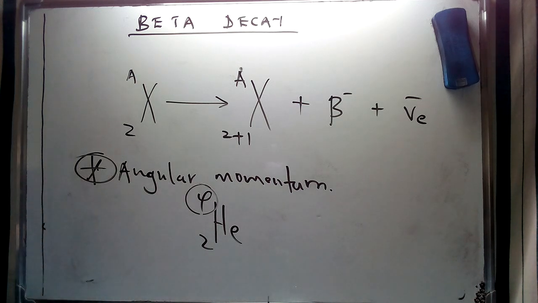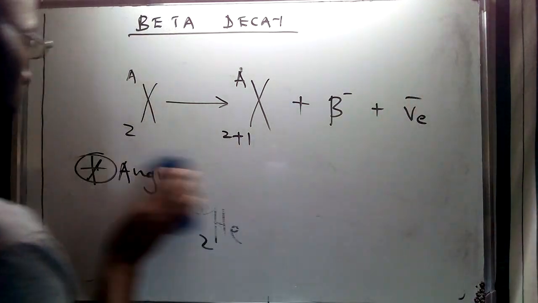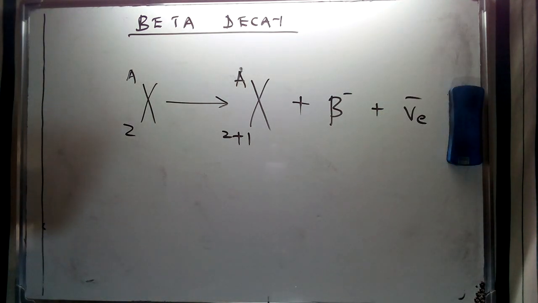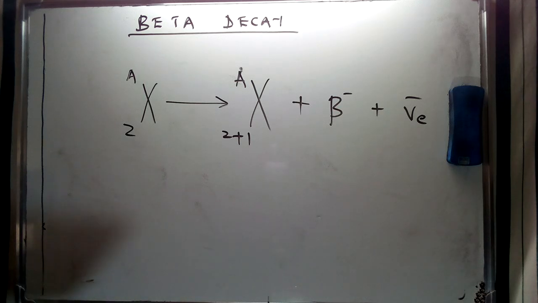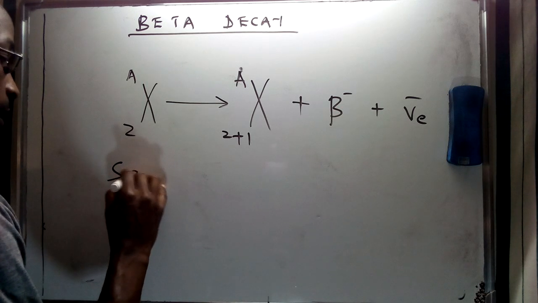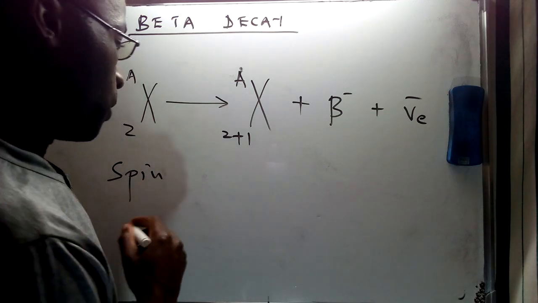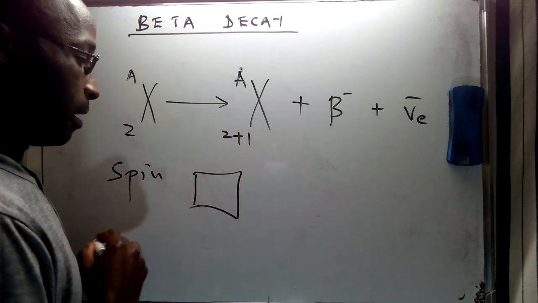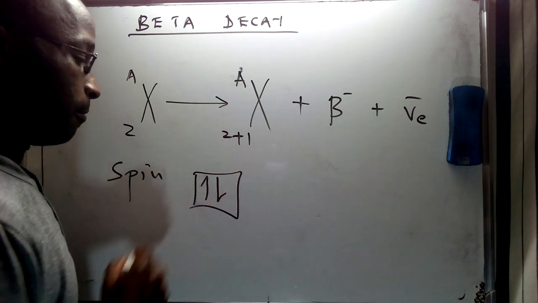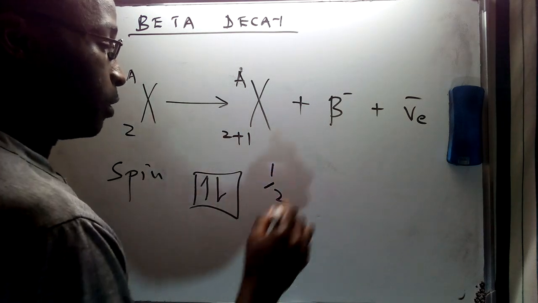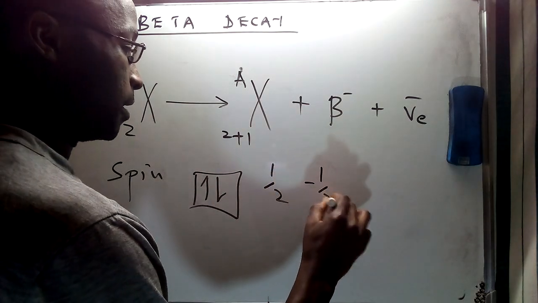So for beta decay, since there is no change involving mass, the equation must obey the conservation law, especially the conservation of angular momentum. This is going to be the difference between the total spin of the reactants and the product. In a discussion about quantum numbers, we mentioned spin, whereby in our description of the configuration for various elements, electrons can assume either a positive or a negative spin.